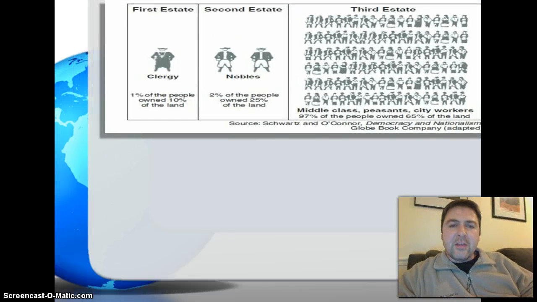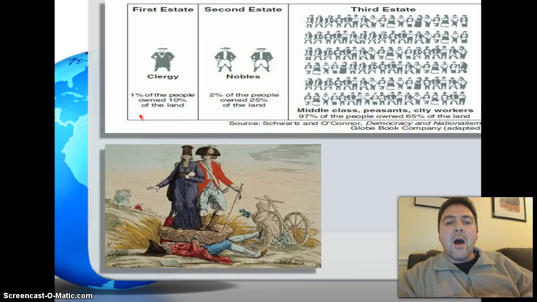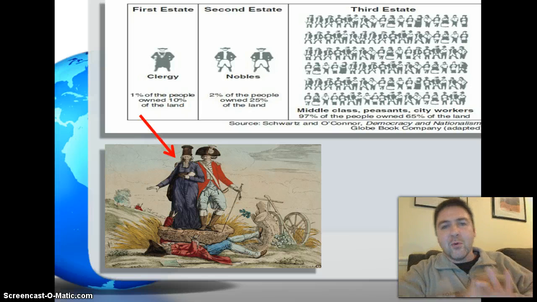Okay, we see here in these graphics a little bit about what we're talking about. The first estate, which was only 1% of the population, they're going to control 10% of the land. If everything was equal, 1% would control 1% of the land. And yet this tiny percentage of the population controls 10% of the land. The second estate was also very small.